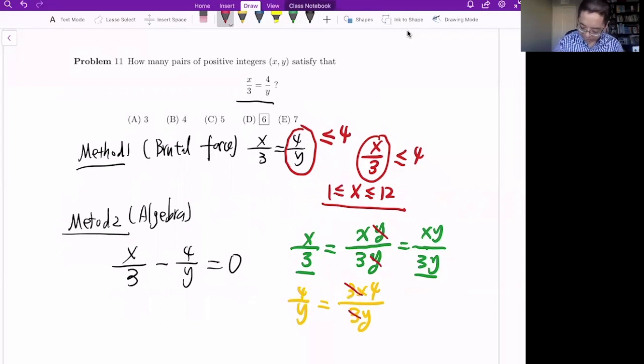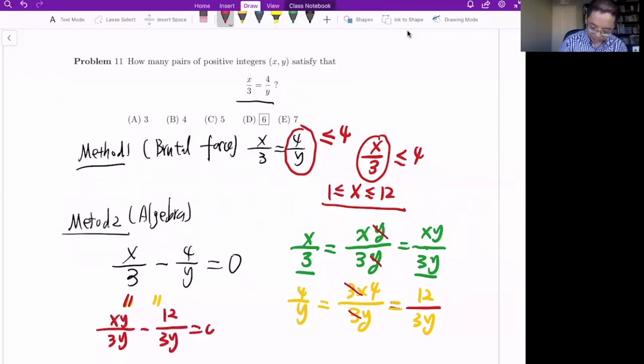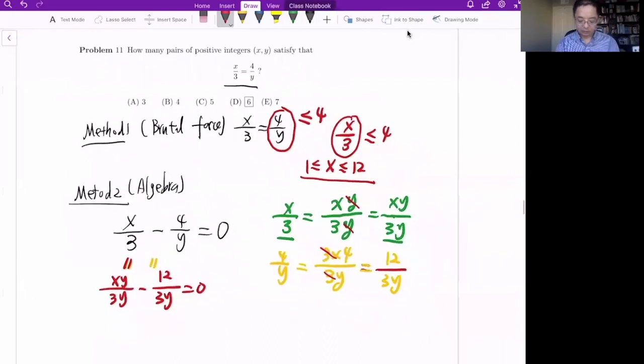So for here, I get 12 over 3y. By doing that, I get xy over 3y minus 12 over 3y equals 0, right? Good, because we have the same denominator.